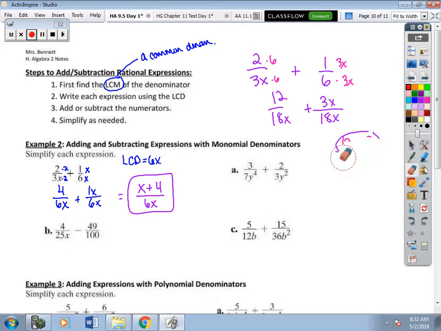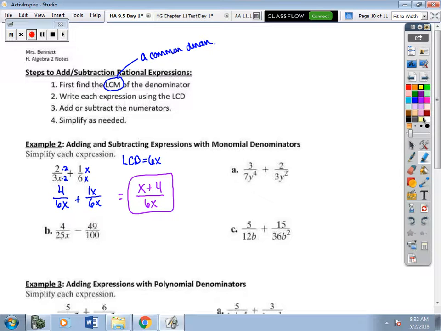All right, the next one, what would my least common denominator be amongst these two? What would the LCD be? Okay. Yes, 21y to the 4th. So this one will multiply by just a 3 on the top and bottom. This one will multiply by 7 and y to the what power? To get it to be y to the 4th.